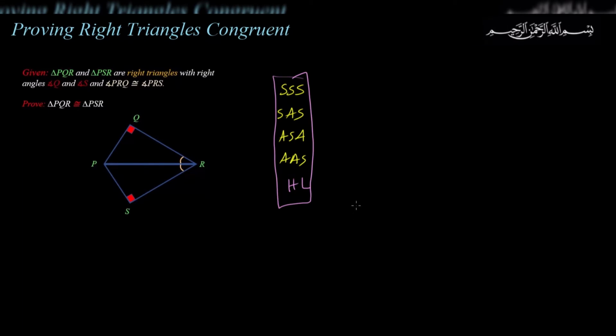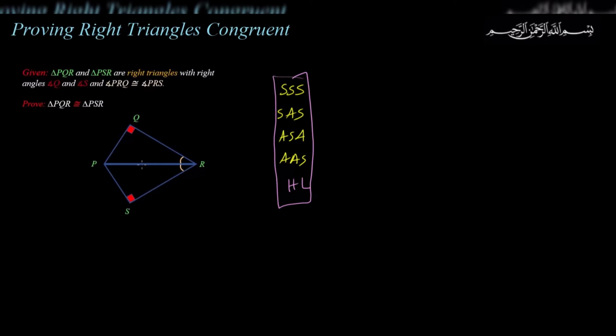Okay, so let's see which one of these we can use to prove these particular triangles. We have these two angles, and so can we use side? No. How about side, angle, side? No. Angle, side, angle? Well, we have two angles. Do we have a side that's congruent? We don't know anything about the sides, do we?